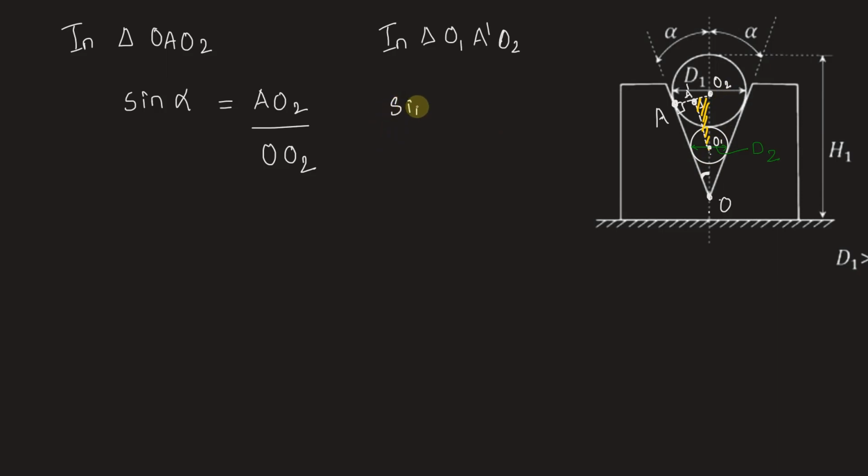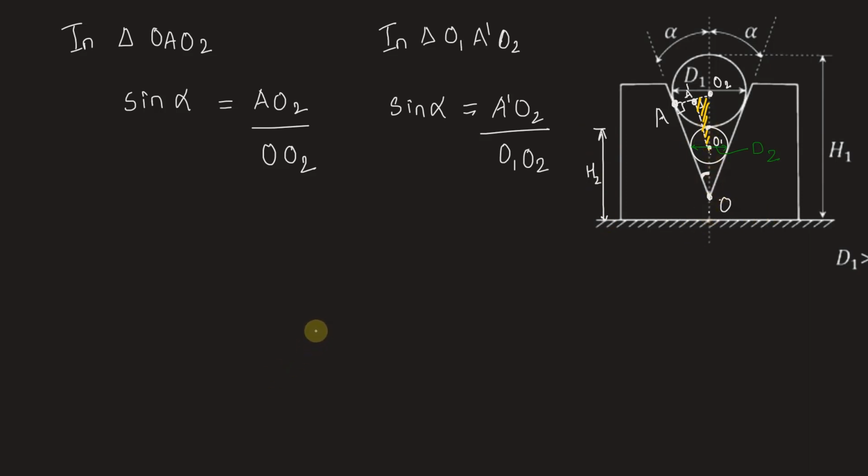We can therefore again write sine alpha will be equal to, in this smaller triangle, A dash O2, the opposite side, upon the hypotenuse, which is O1 O2 here. This is the distance between the two centers that can be calculated easily. So now we know that this height is given as H2, the distance between base to the top of this smaller roller.